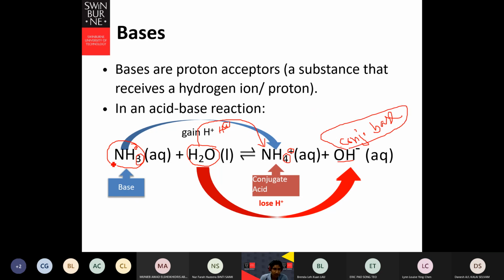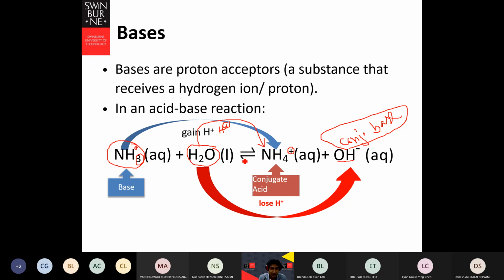Now for the base as well, since it was neutral and then one more hydrogen is added to it, it is not neutral anymore. That means it has a positive charge. That means it is not stable anymore, because when it is neutral, that is always much more stable than the positive or negatively charged.